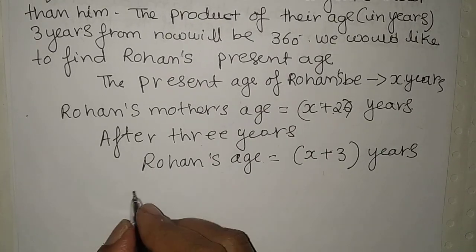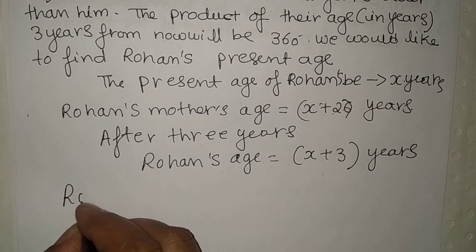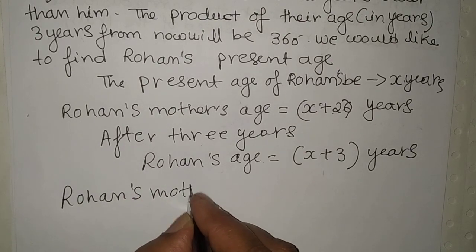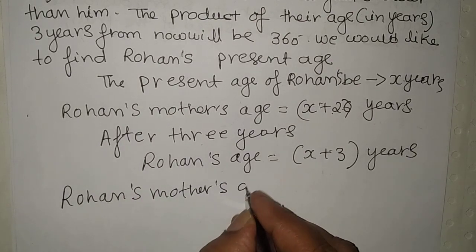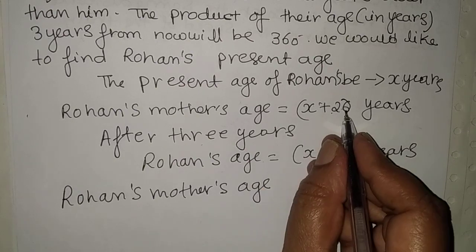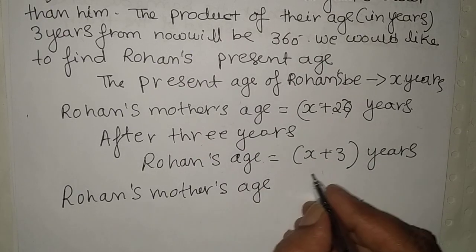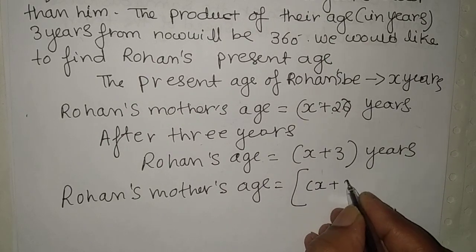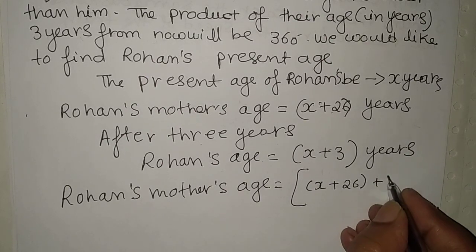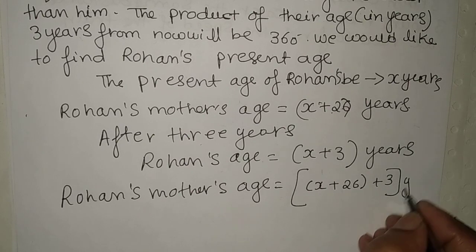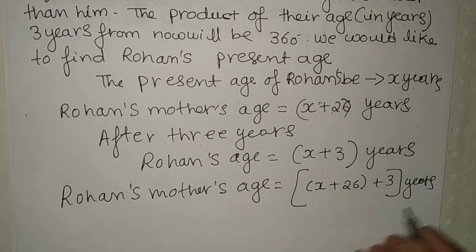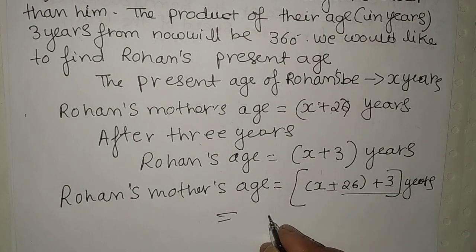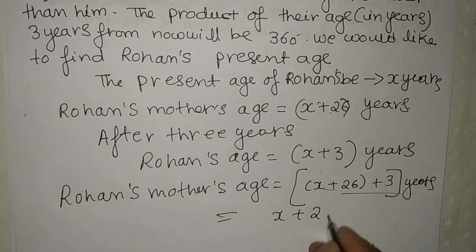Then Rohan's mother's age will be what? Add this 3 to this. Therefore x plus 26 plus 3 years. Add these two, then this becomes x plus 29 years.